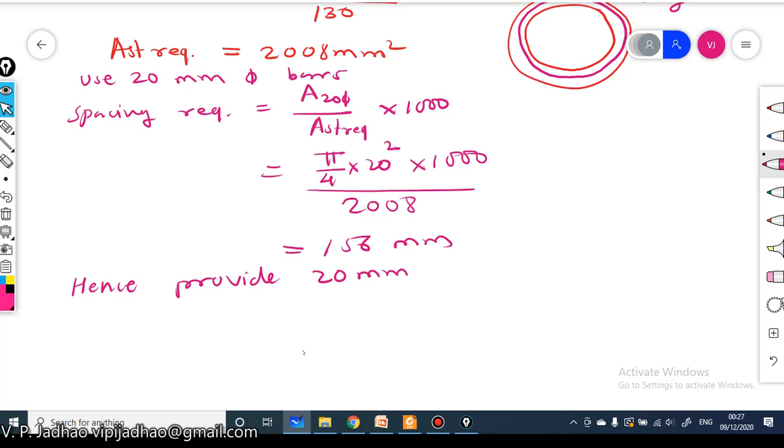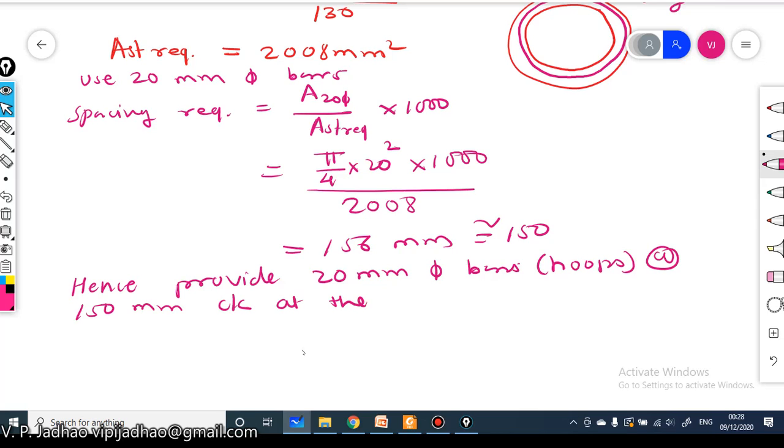20 mm diameter hoops, or rings, whatever you call them, at 150 mm center to center, nearly equal, at the bottom of the wall. Why are we providing this at the bottom?